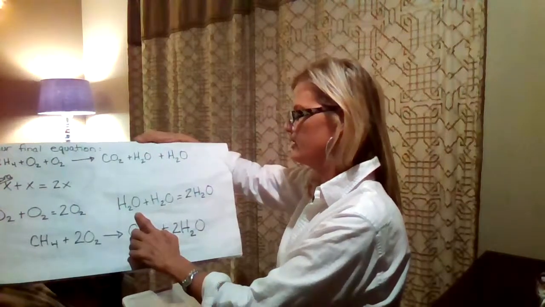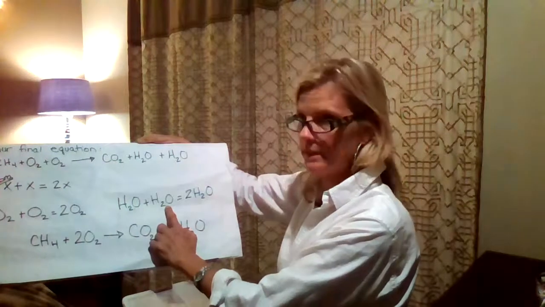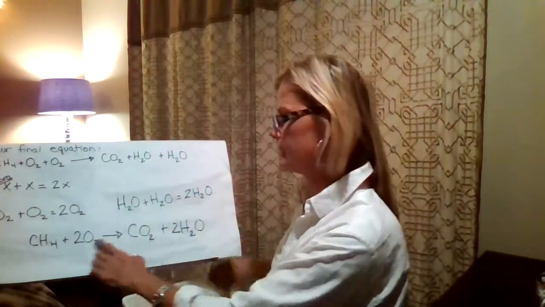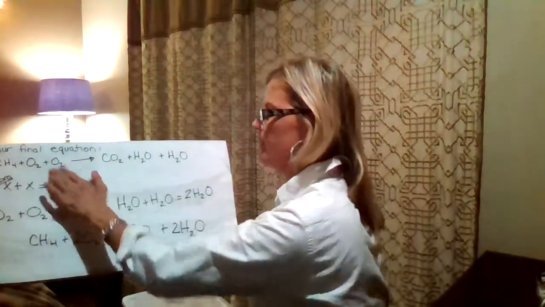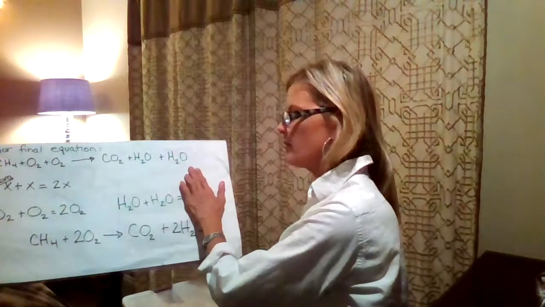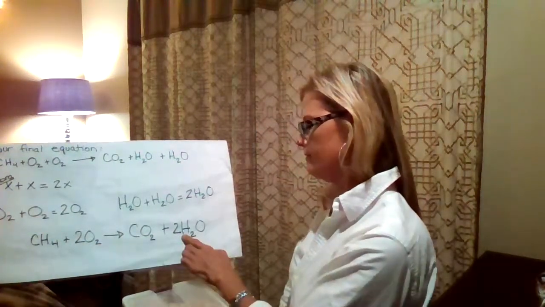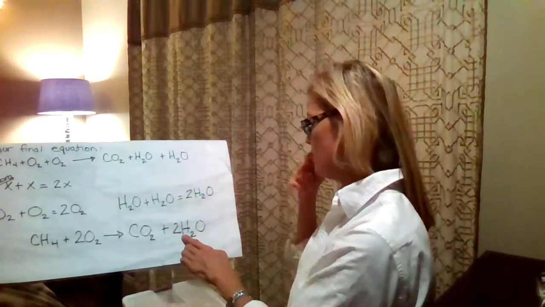Same with the water: one water molecule and another water molecule is 2 water molecules. We have eliminated all of the bulkiness of our equation up here to 2 oxygens and 2 water molecules.